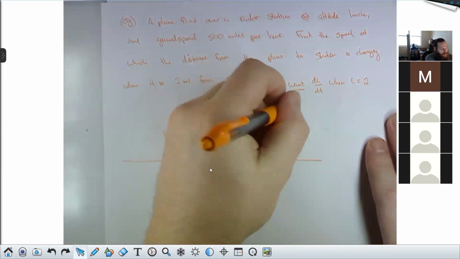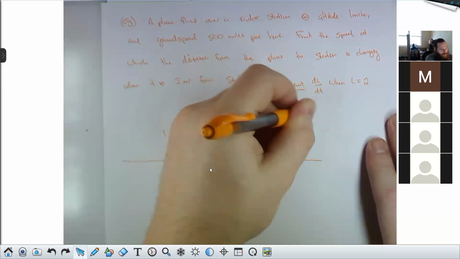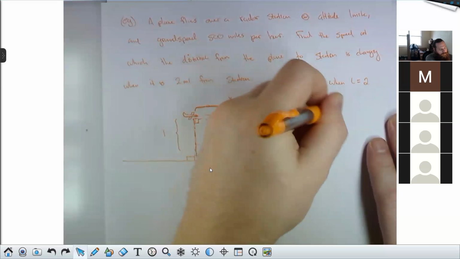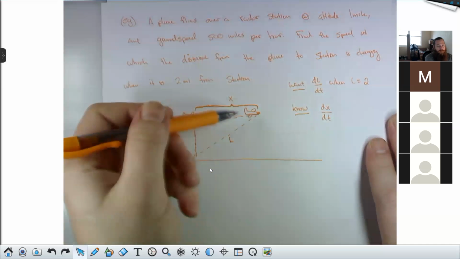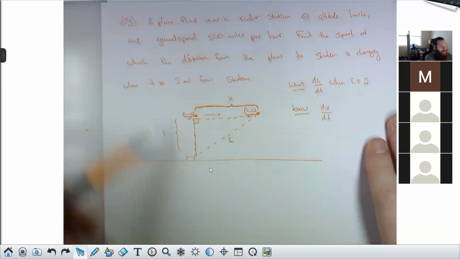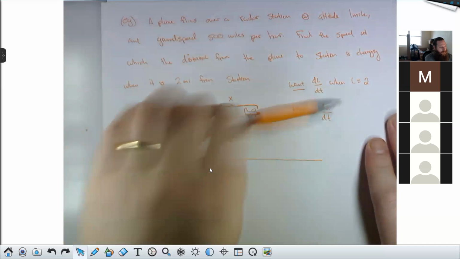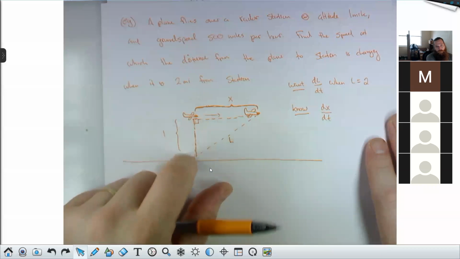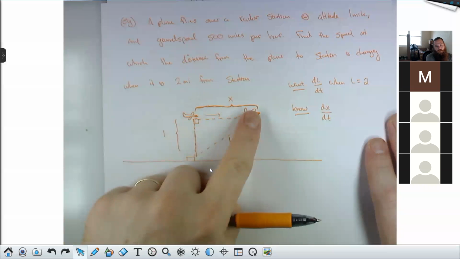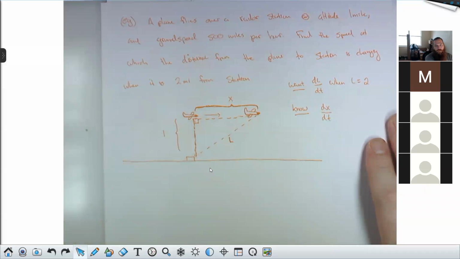I know that dx/dt, the speed at which x is increasing, right? If the plane is flying this way, then x, the distance from the spot right above the radar station to where the plane is now, is certainly increasing.